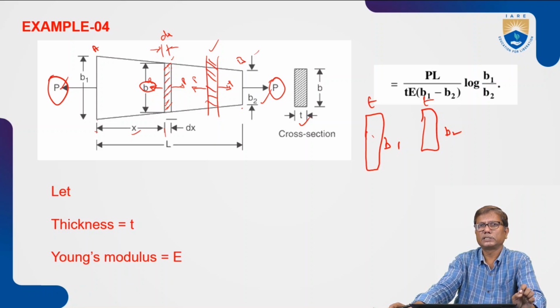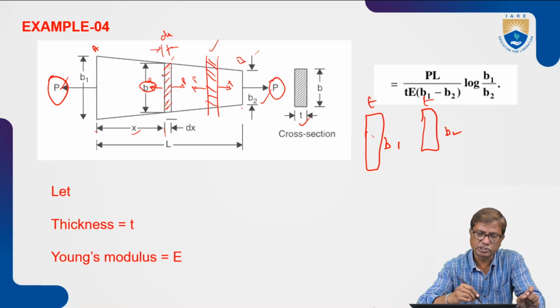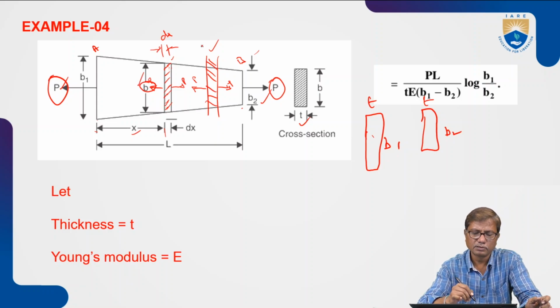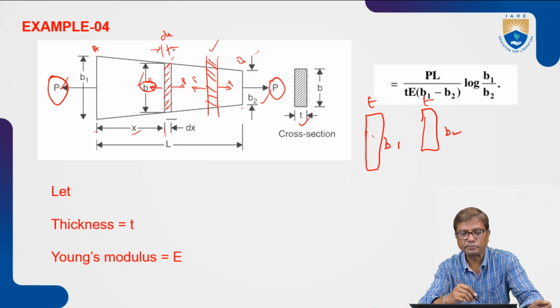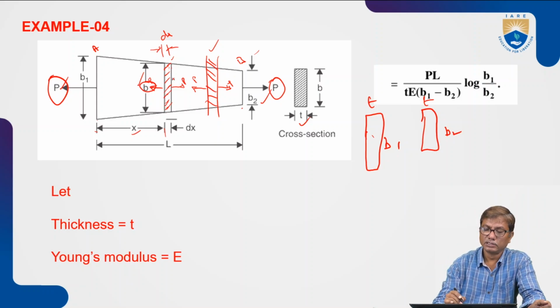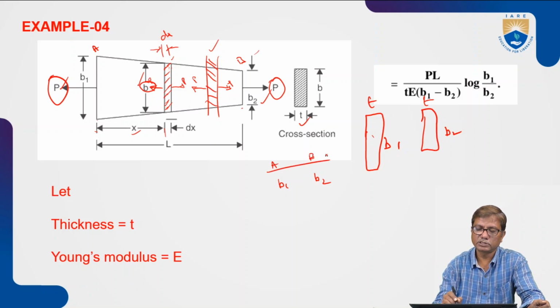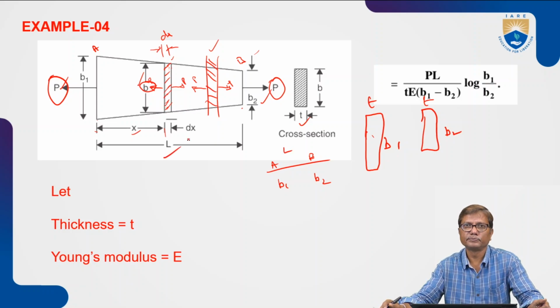So what is the depth of the strip here at a distance x? The width is varying from B1 at A to B2 at B. This happens in a length of L. In a length of L, the width changes from B1 to B2.